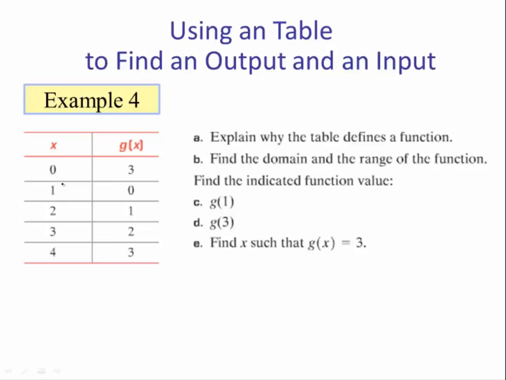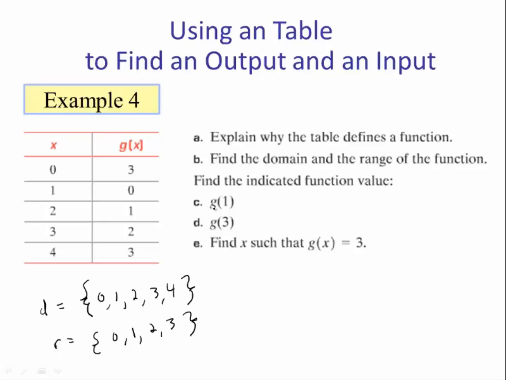So the domain is the values here: 0, 1, 2, 3, and 4. And the range is the dependent variable, and we have 0, 1, 2, and 3. We don't have to copy the 3 down twice.